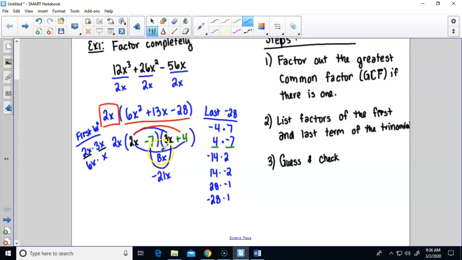All right, so if I combine these two middle terms, what do I get? 8 and negative 21. Okay, negative 13x. Is that what I'm supposed to have? No, but is it really close? All right, I'm supposed to have a positive 13 in the middle right here.